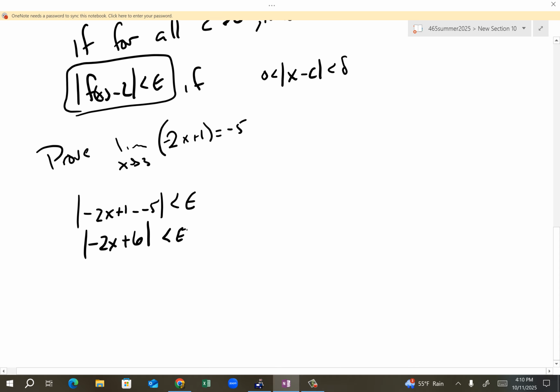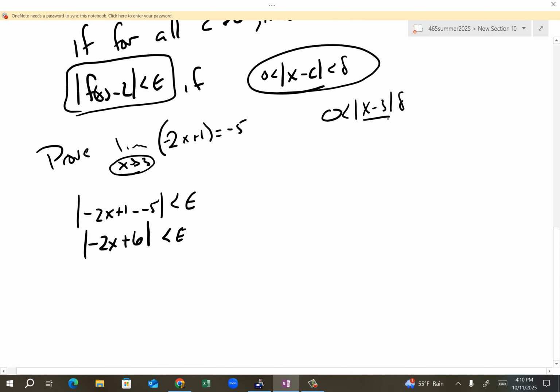Now, what you're going to see is that this statement is always going to be this guy right here. So x approaches 3, that's x minus 3. What we always need to do is look for an absolute value of x minus 3 in there. Well, what we can do is factor a negative 2 out, and because it's an absolute value, you can pull that out front.